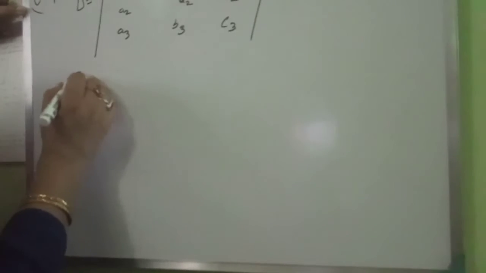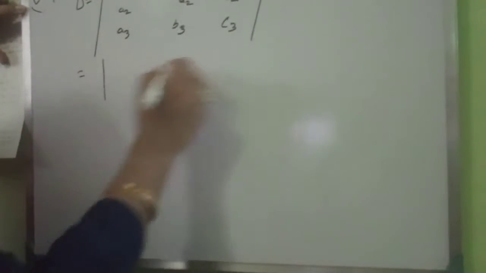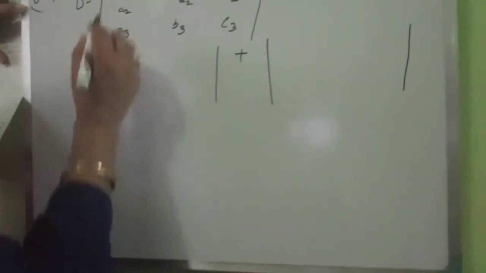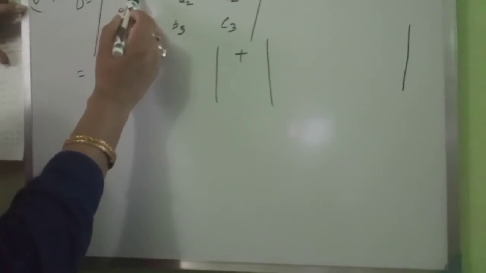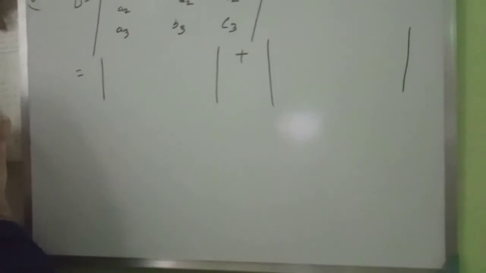Got it? Now D can be separated into two determinants. Only the first row is written as A1 plus L1, B1 plus M1, C1 plus N1.